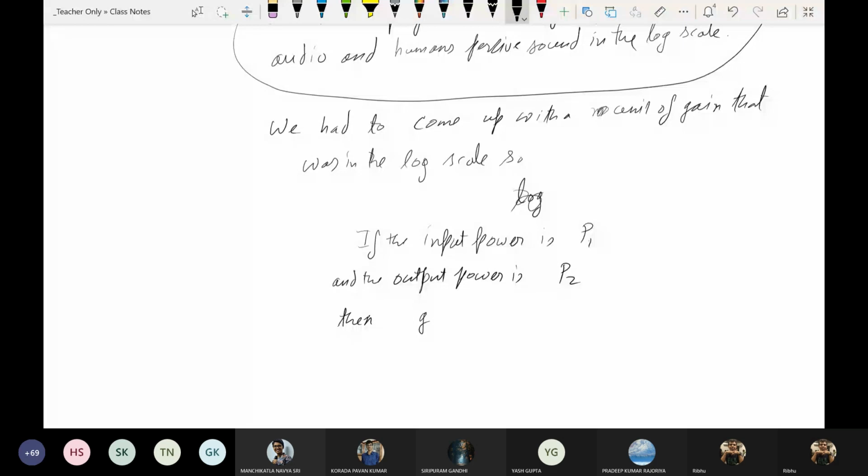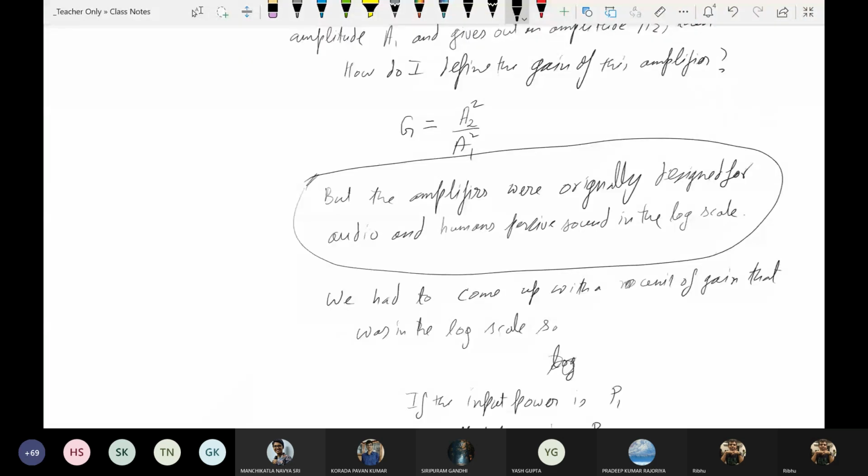Who answered that previously? This should be A2 square by A1 square, because these are the amplitudes, and power is square of amplitude. And gain is always measured in terms of power, right?